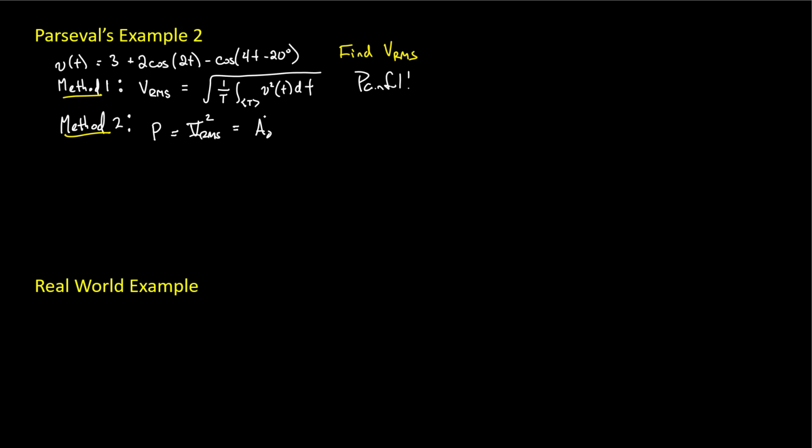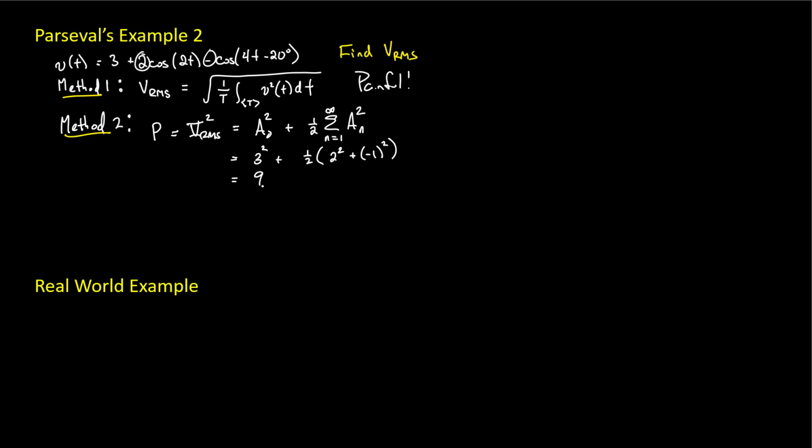So that's the DC power plus 1/2 times the sum over all those harmonics of all those upper level harmonic amplitudes squared. We can just read this out for this example. That's 3 squared plus 1/2 of, let's see, the first value we said is 2, and the second value we said is -1.